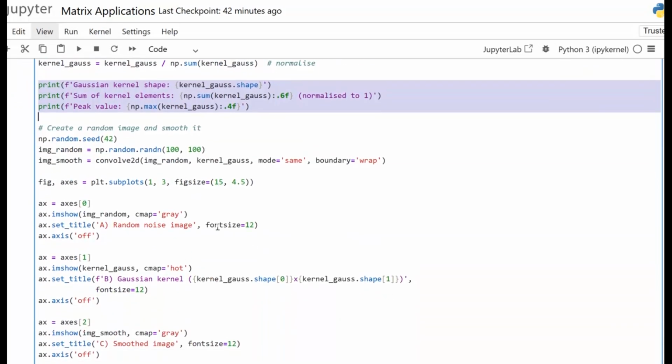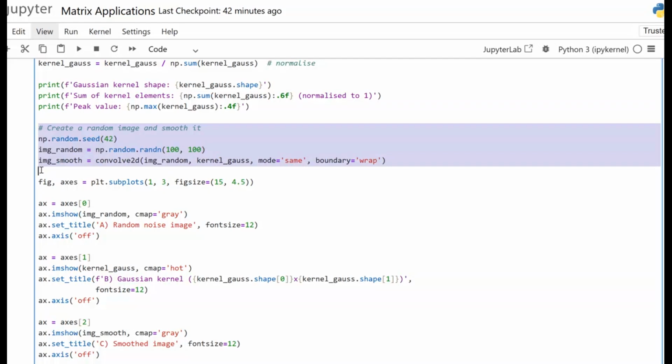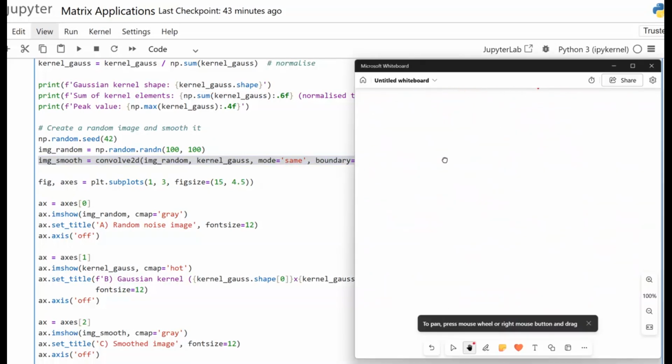Next, we generate a noisy image. Here we create a 100 by 100 Gaussian noise image, and each pixel is independent. Dear friends, high frequency content dominates. Next, we go on to smoothing, which is convolutional smoothing, interpreted as an averaging functionality.